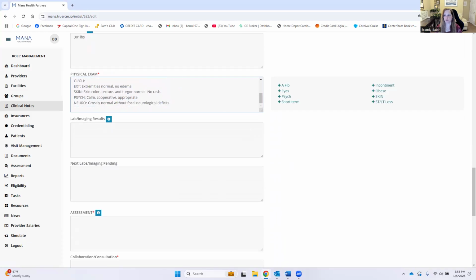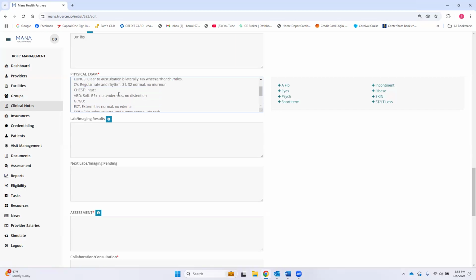If you are unsure of what snippets you're going to be utilizing, you can click down here and click the snippet, and you can see that AFib indicates irregular heart rate and rhythm. If that's not what you want to use, you can delete it. If it is, then you can absolutely put it up under cardiovascular.